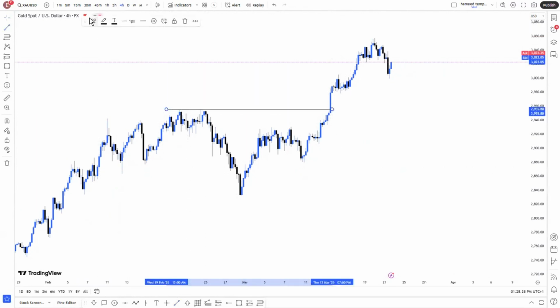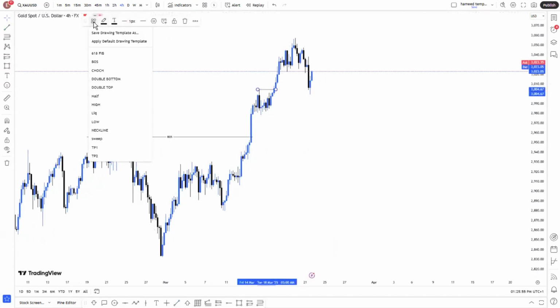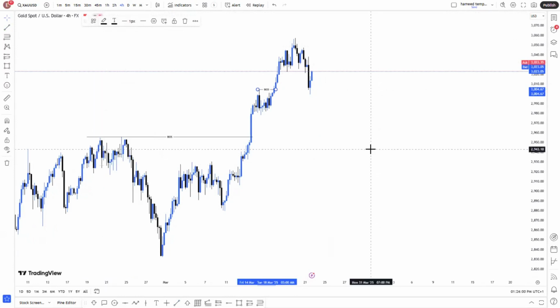We have this here. Then we have another tiny breakup structure here. This little one here. We have it here. So that's it.